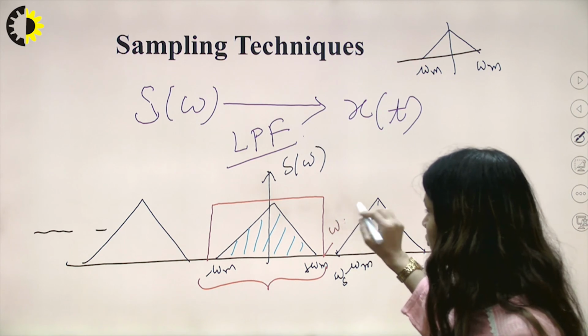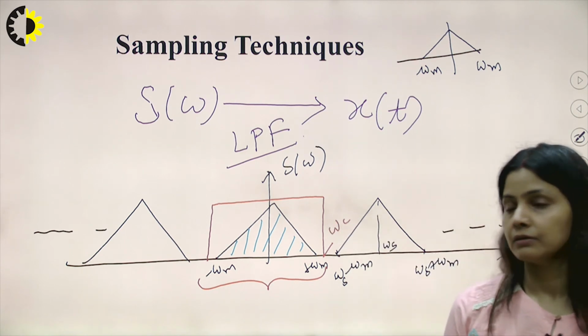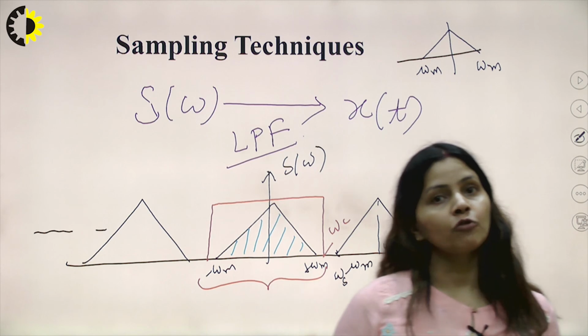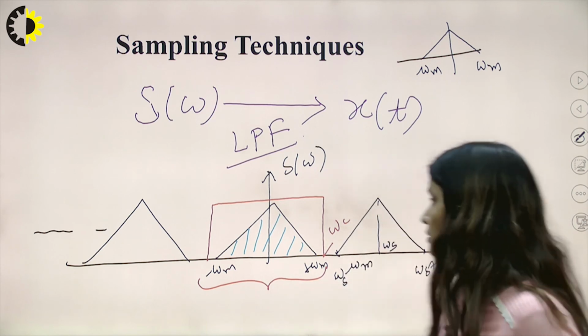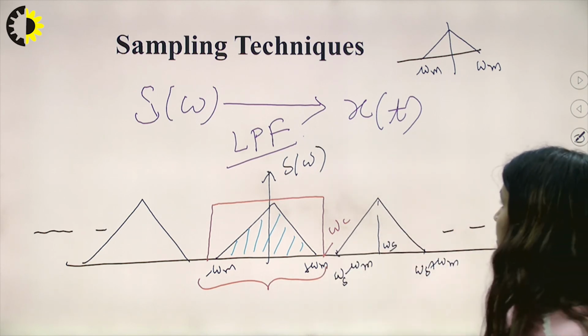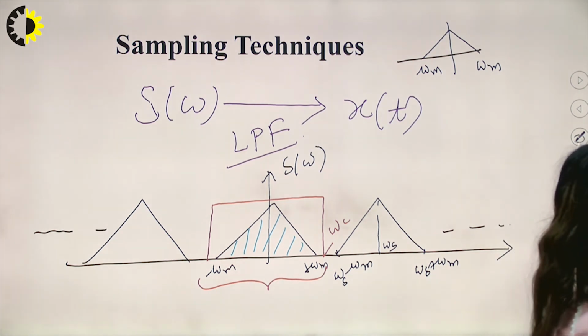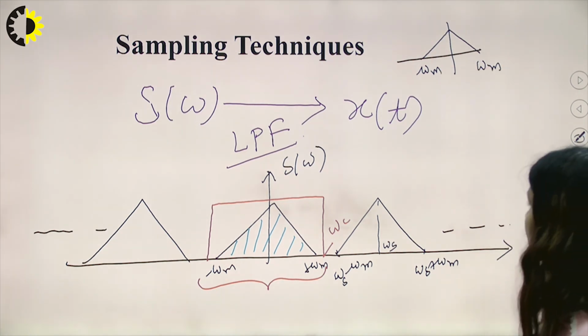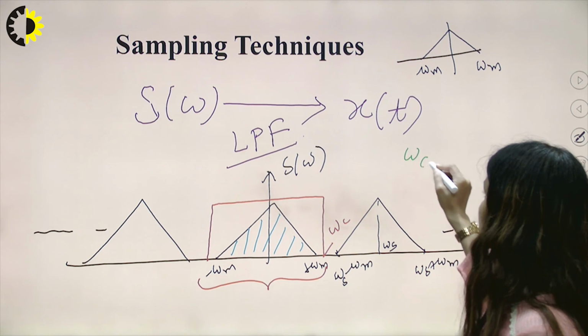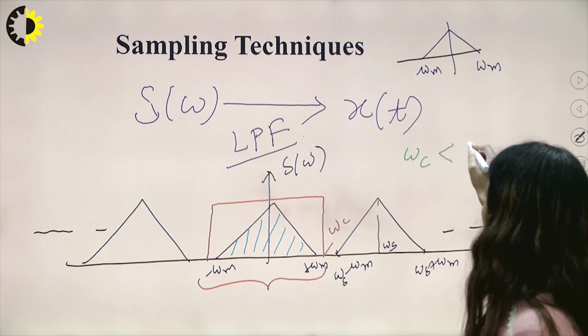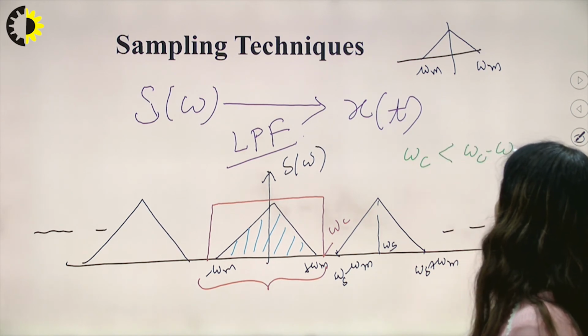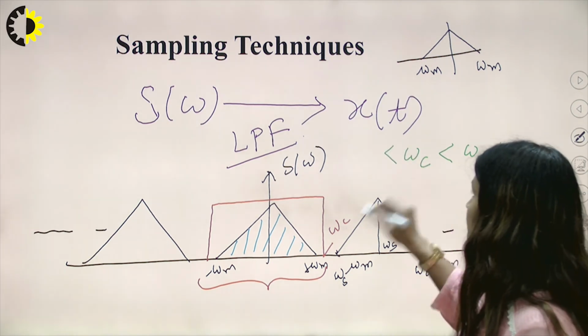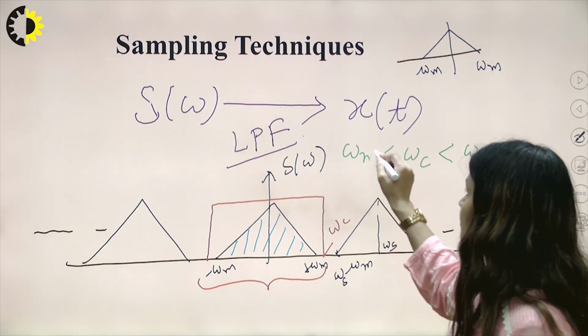Let's say the cutoff of the filter is omega c. So what should be the range of omega c in that case? I can see from the figure that omega c lies between omega m and omega s minus omega m; it should be greater than omega m.